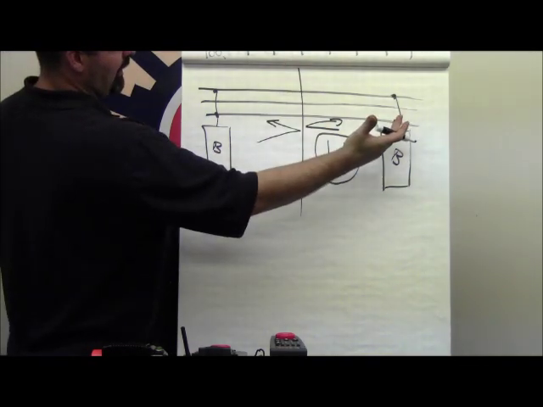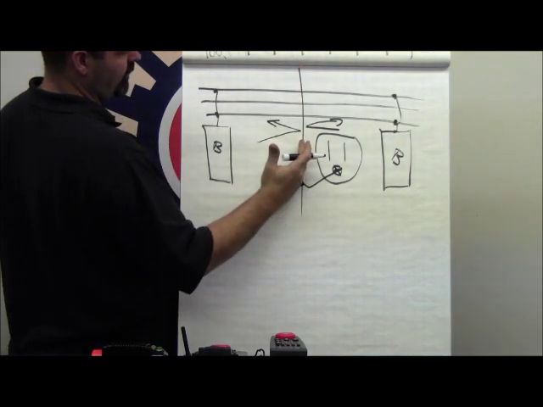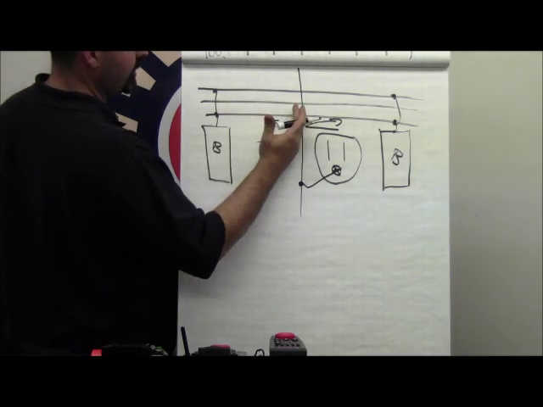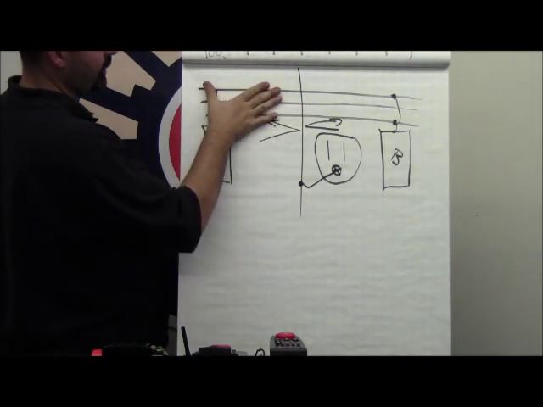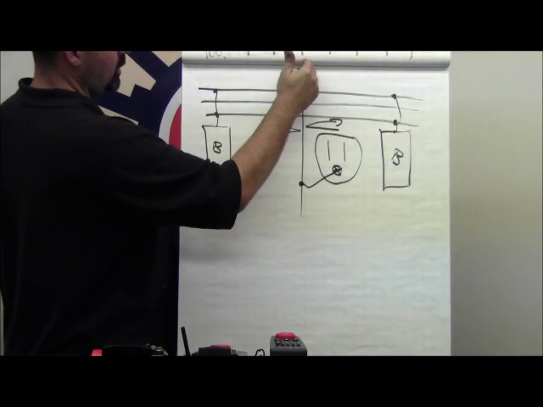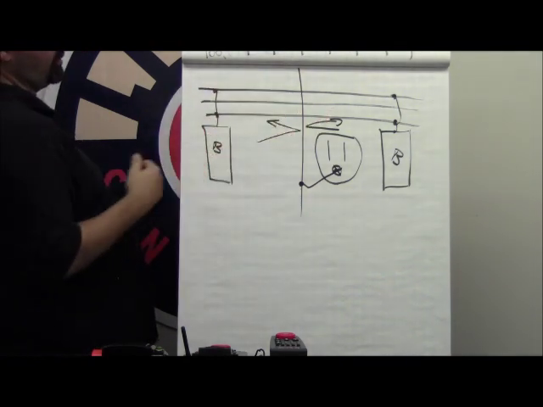Earth ground does not allow the signal from this base to exceed this plane. It does not allow the signal from this base to exceed this plane. So what we have is perfect command control here and perfect command control here, so long as that ground plane is separating those two signals.